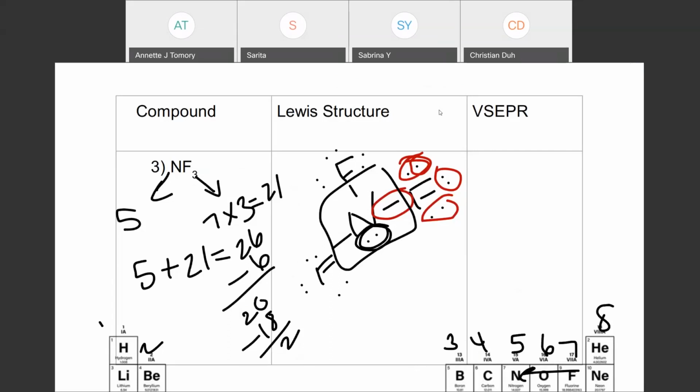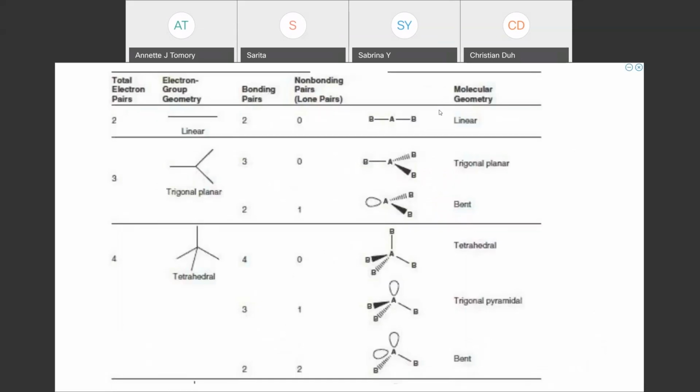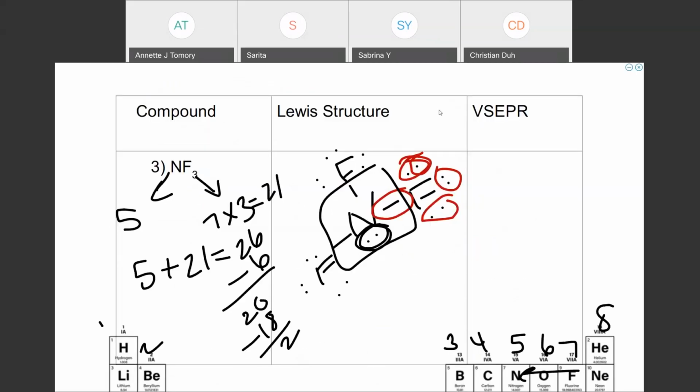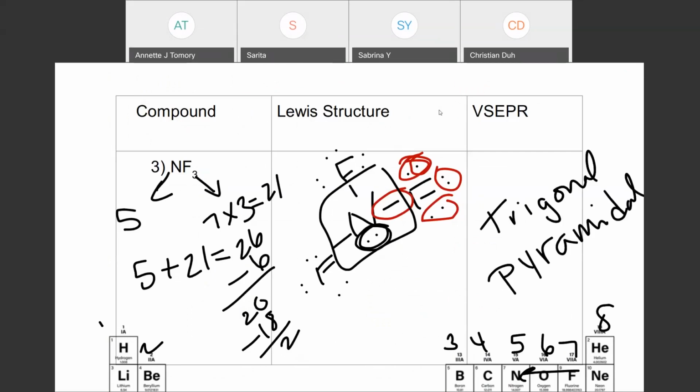Which one has 3 bonds and 1 lone pair? Trigonal pyramidal. Trigonal pyramidal is correct. I go over here, and I'm going to write out trigonal pyramidal. So the lone pair is when the one in the middle has extra. Yeah, we're looking specifically at that center atom.